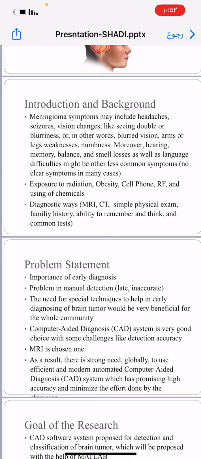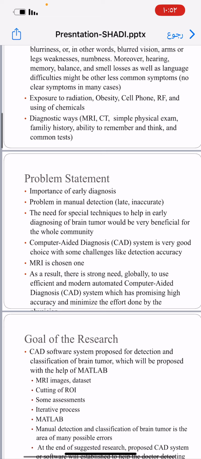Meningioma symptoms may include headaches, seeing double, maybe blurred vision, and arm or leg weakness. These are symptoms that can be the same as for other problems in the body, so we have to classify and detect those.